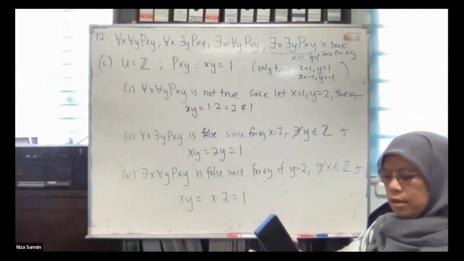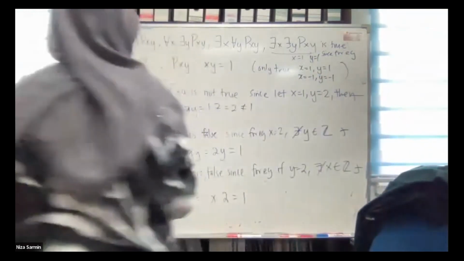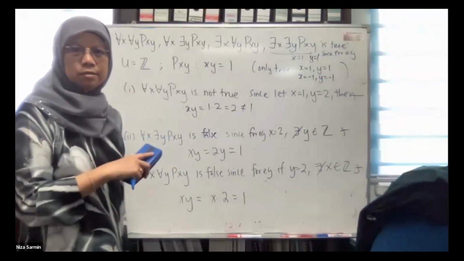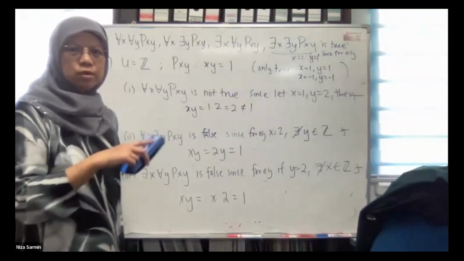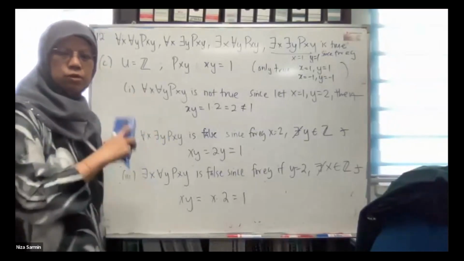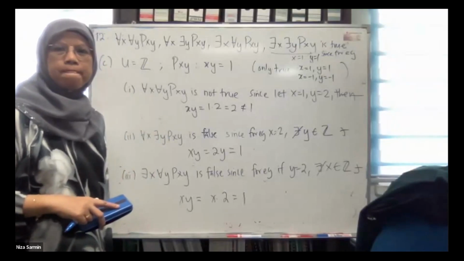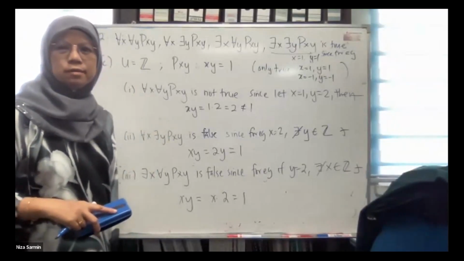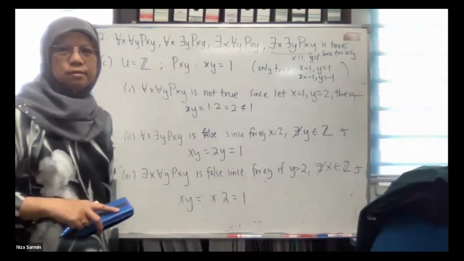Okay. For part D, this is okay already? It's clear, yeah? You have to think what it means. Any part that you want me to explain again? Okay, Zijan? Is it clear?